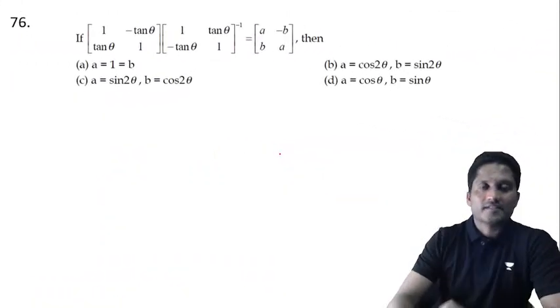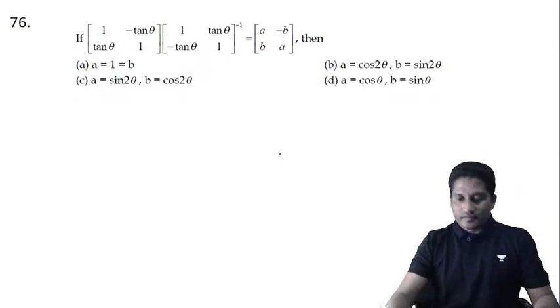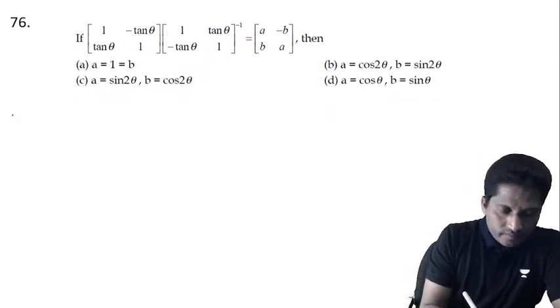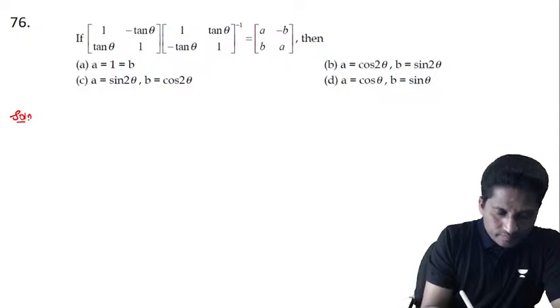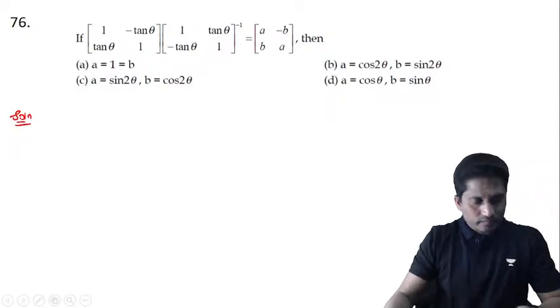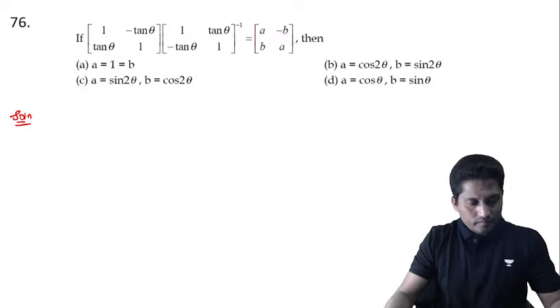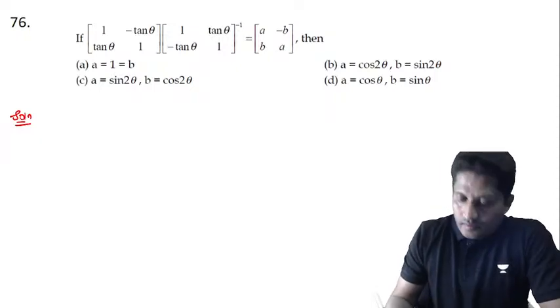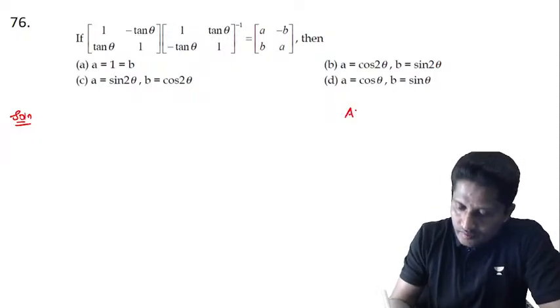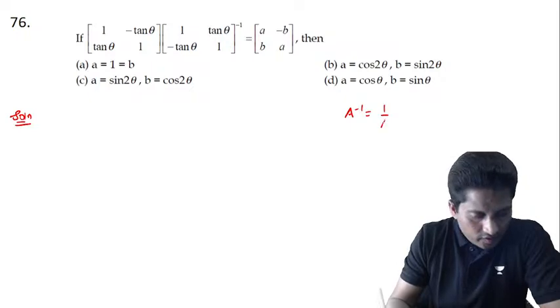Question number 76. I'm supposed to find the values of A and B. See, actually A inverse is equal to 1 by determinant of A into adjoint of A, right?